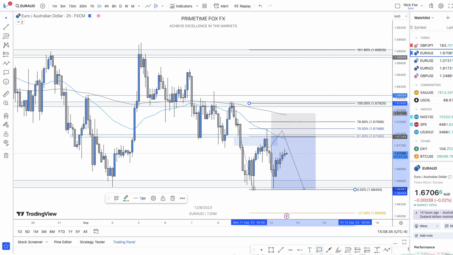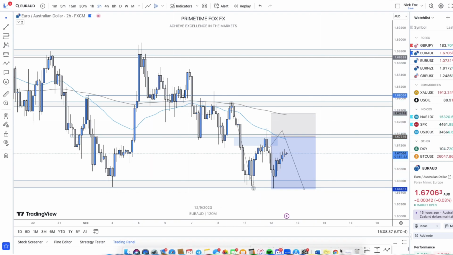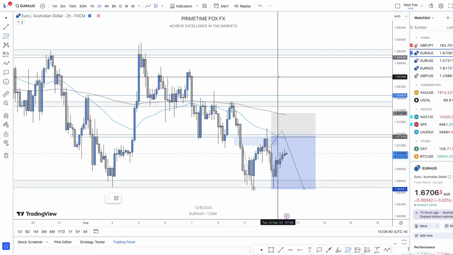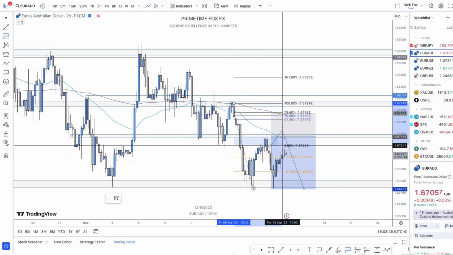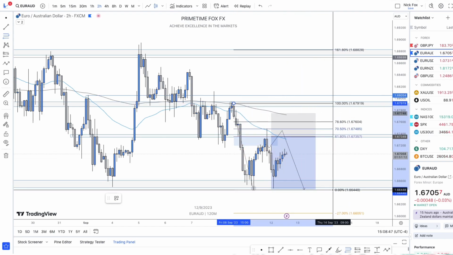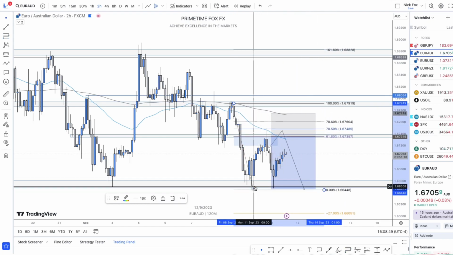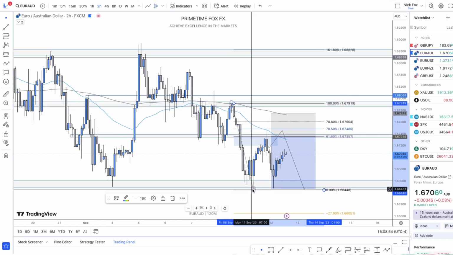And then to add an extra confirmation on there, what I did was I drew the fib from that most recent lower high point down to that specific low. Point A, point B, and then point C.